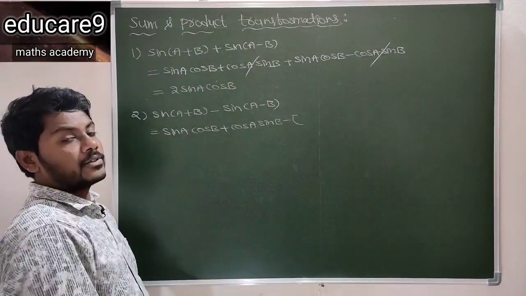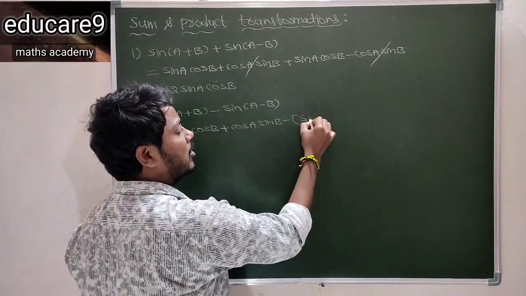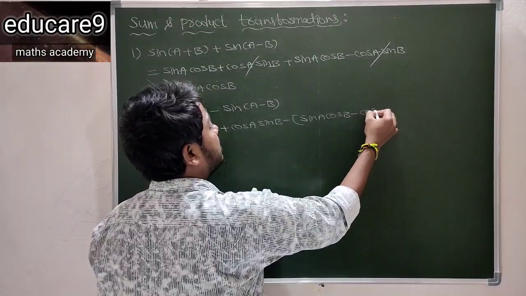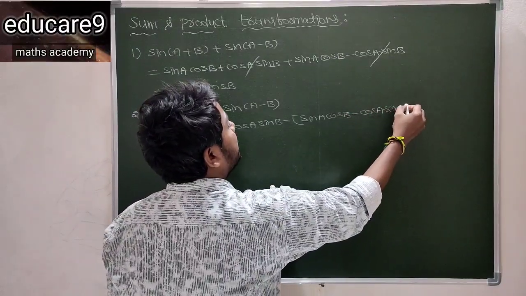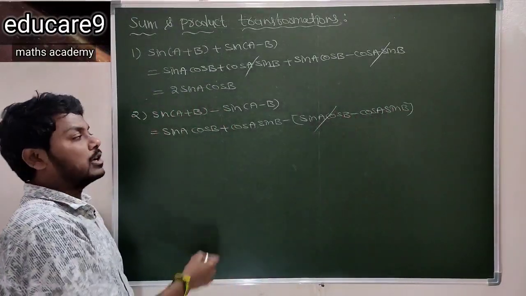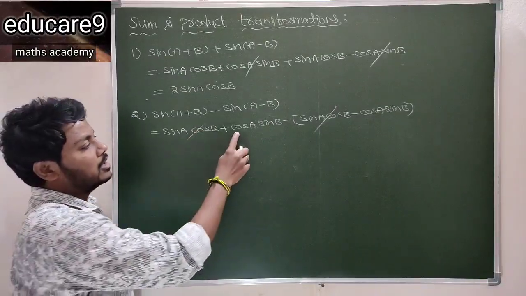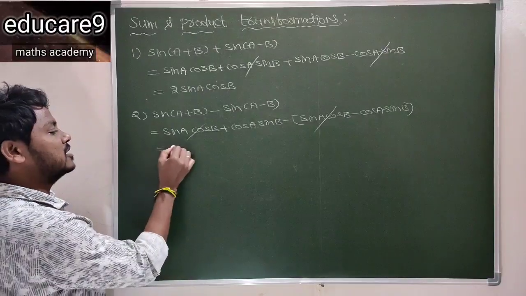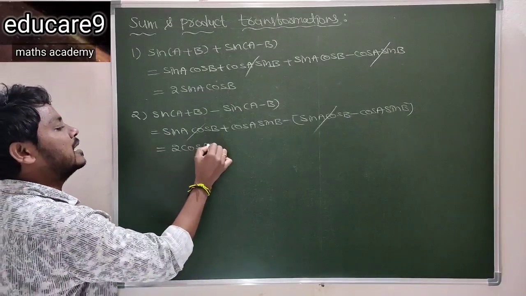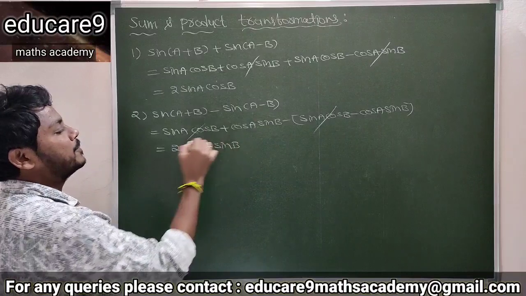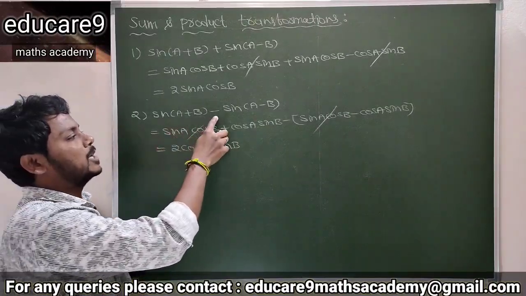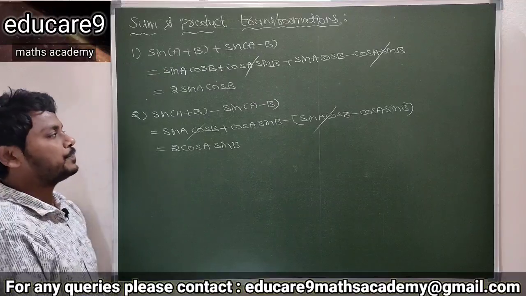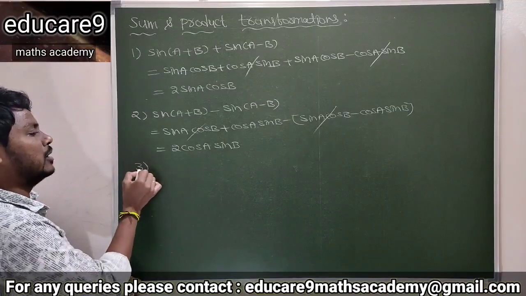So minus of the sin of a minus b formula: sin a cos b, next minus cos a sin b. So clearly minus sin a cos b plus sin a cos b get cancelled. Cos a sin b, minus into minus, plus cos a sin b. So this is 2 cos a sin b. So the sin of a plus b minus sin of a minus b formula is 2 cos a sin b.